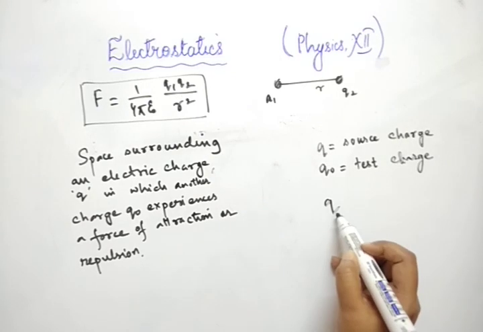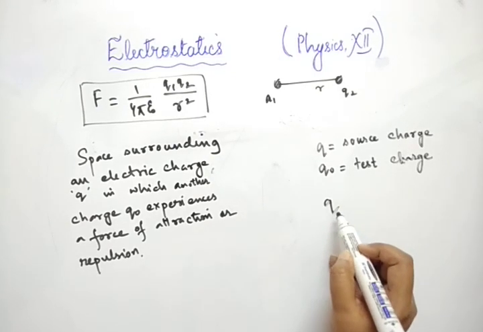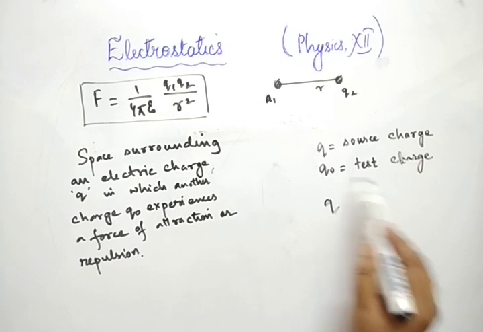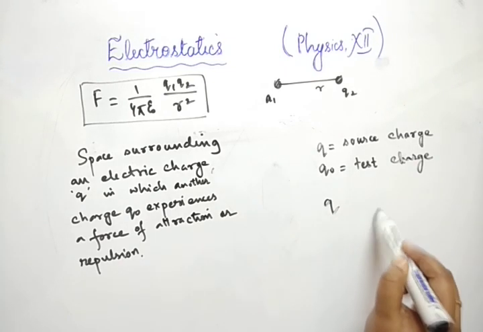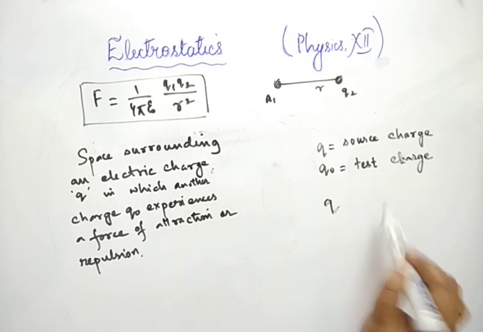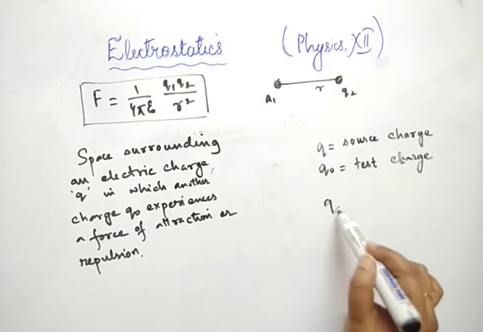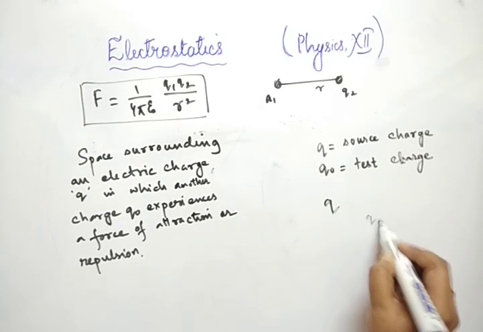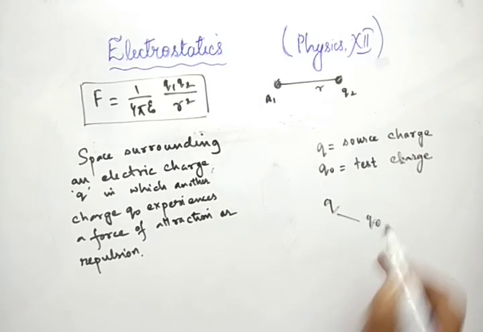Suppose here we have taken this source charge as Q, around which, if you bring another charge, a test charge, it will apply a force on the other charge Q naught. Okay, so this is the meaning of electric field.